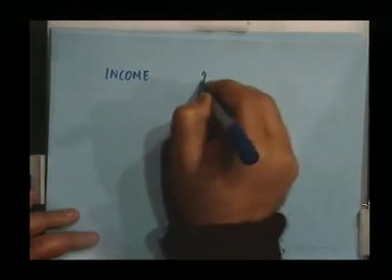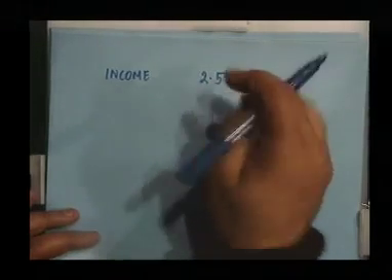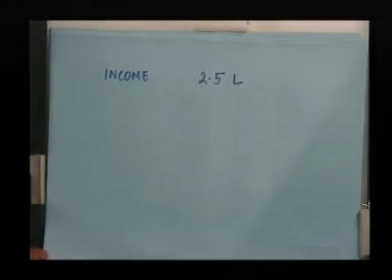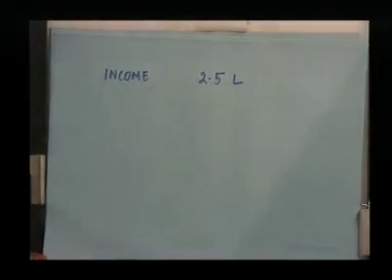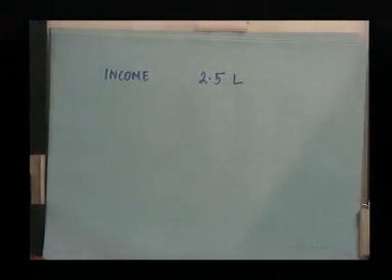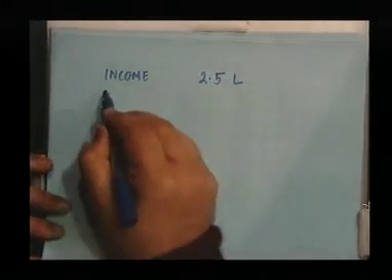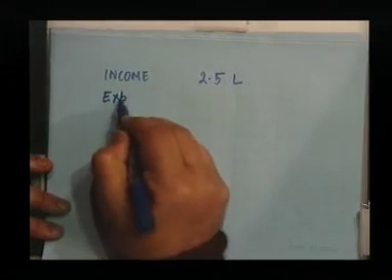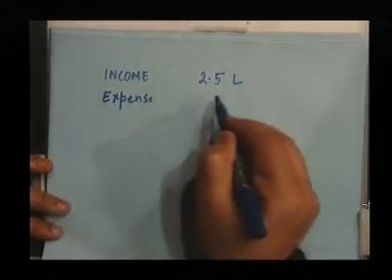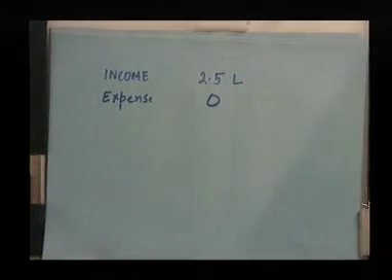Now, my income for year 1 is 2.5 lakhs. In fact, this calculation will be same for the straight line method for all the years, because every year we are calculating the same amount of depreciation. So, income is 2.5 lakhs, expense is 0, because the problem says that there is no expense.